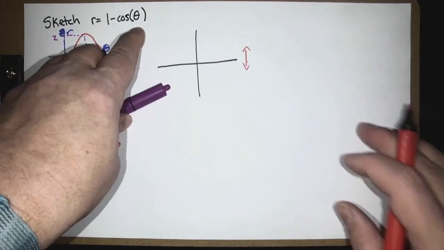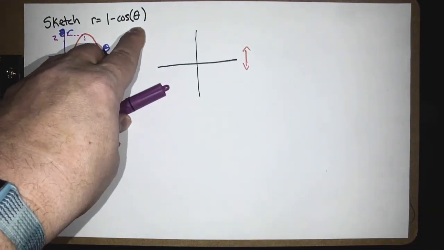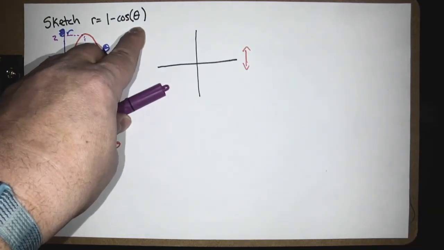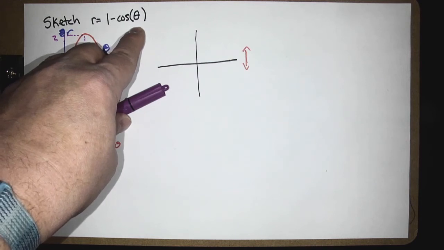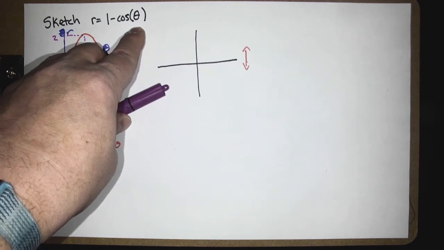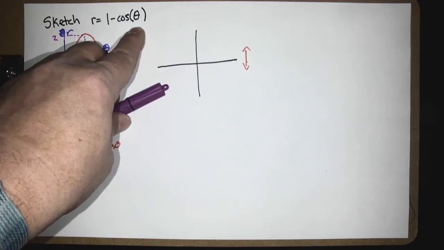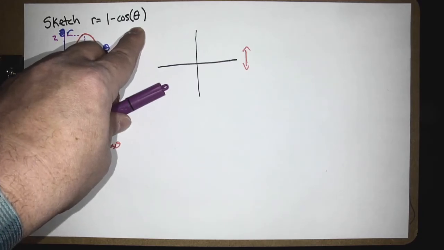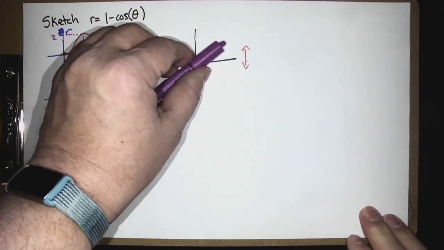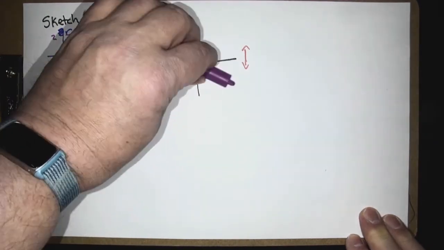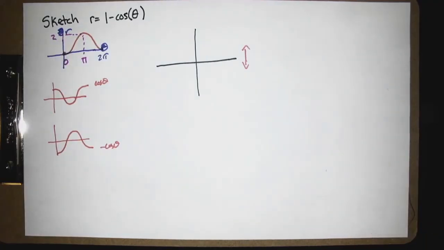So think about what happens when you plug in negative theta. What's true about the cosine function? It's an even function, so if you plug in a positive angle theta, you get the same thing as if you plug in a negative angle theta. So there will be that reflection going on.